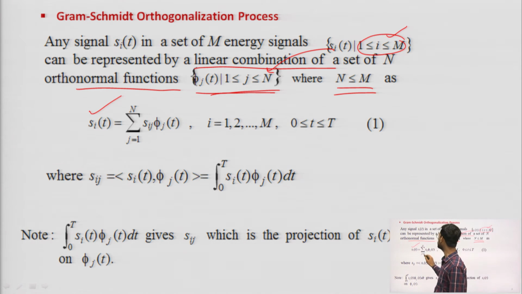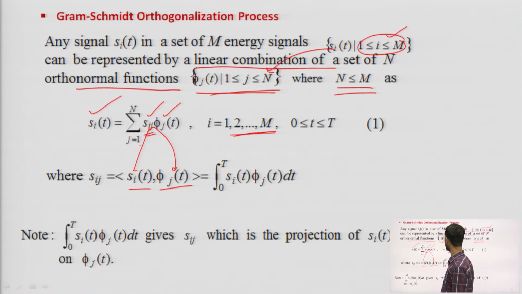Now, how can we represent Si t? Si t equals the summation j equal to 1 to n of Sij multiplied by phi j t, where i equals 1 to m, and t lies between 0 to T, where Sij is nothing but the integration 0 to T of Si t multiplied by phi j t dt.